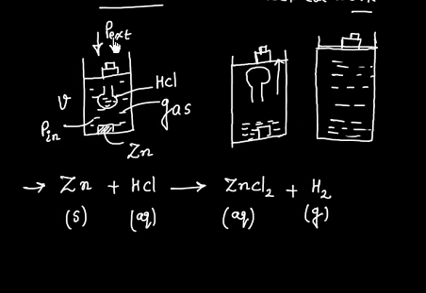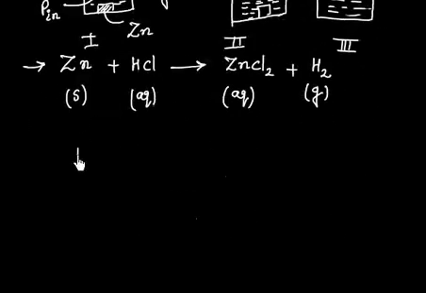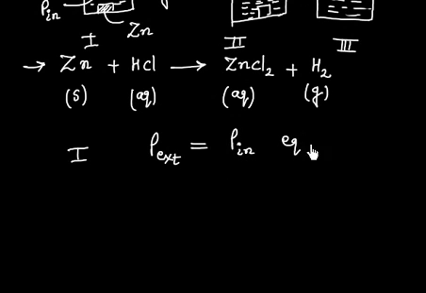Initially, the internal and external pressures are in equilibrium. So if I say this is condition number 1, this is condition number 2, and this is condition number 3, then in condition number 1, P external is equal to P internal. That is a situation of equilibrium.